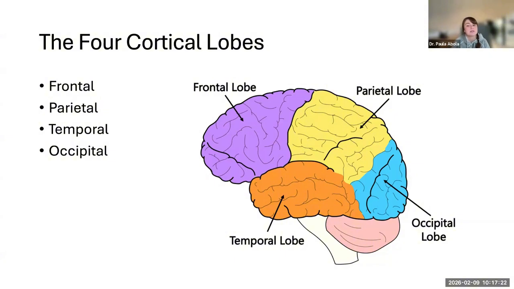So each lobe is associated with certain core functions, yet none operates in isolation, as we already identified. And most real world behaviors actually rely on coordinated activity across multiple lobes. So the frontal lobes are most closely linked to executive functions, decision making, personality, and voluntary movement.